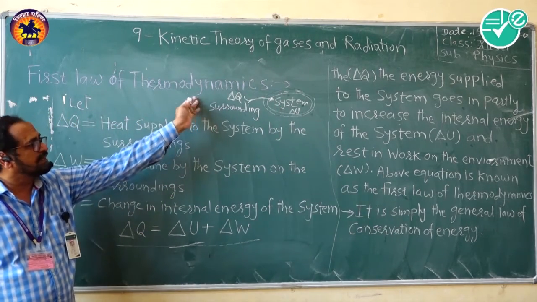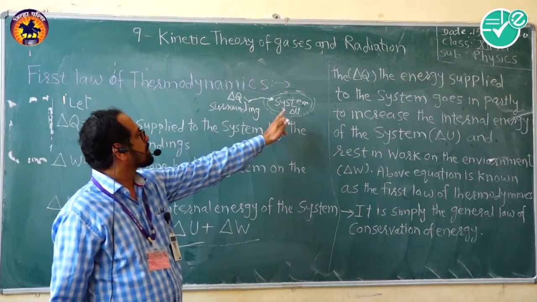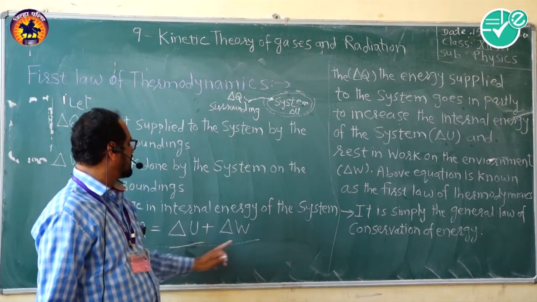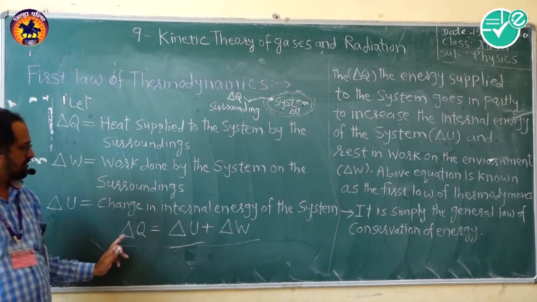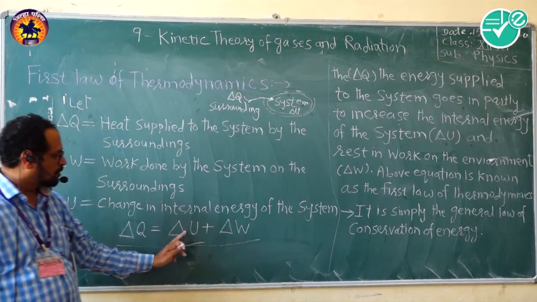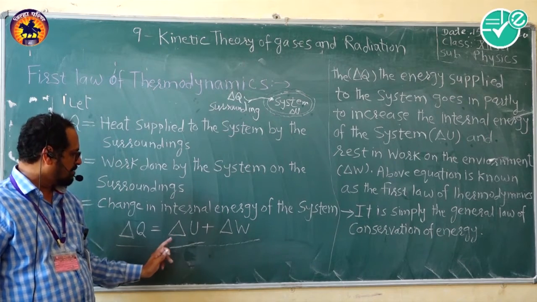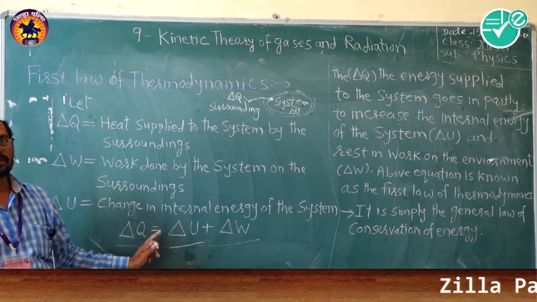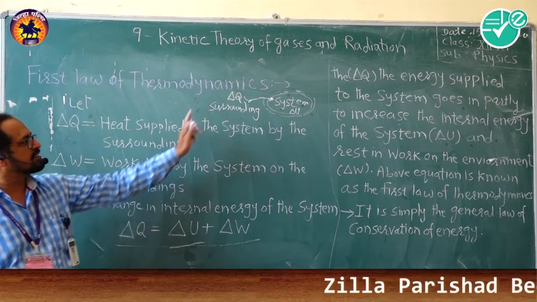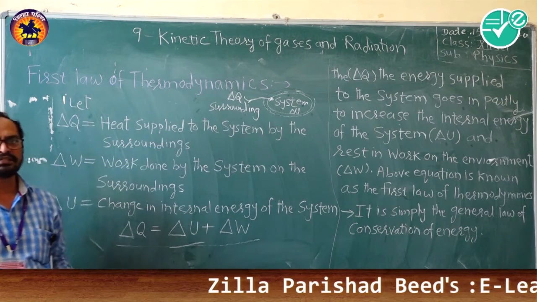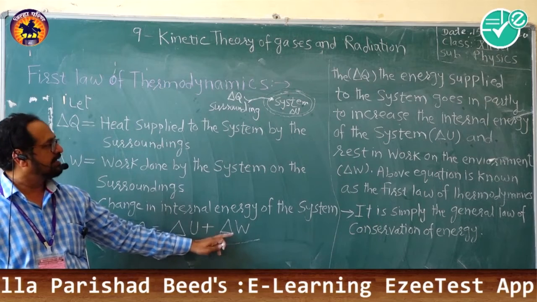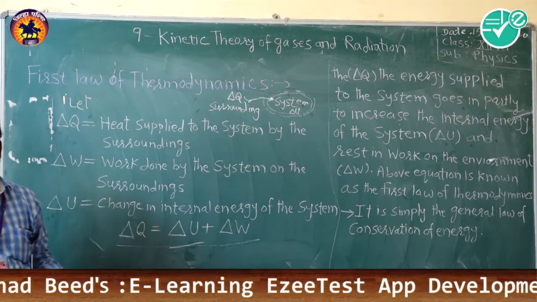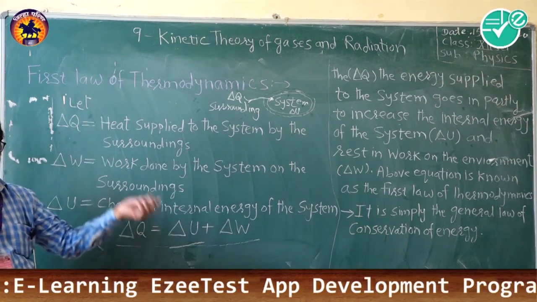So delta W is the work done, and this amount of energy will be divided into two parts. Some part of the energy is used to increase the internal energy of the system, and dW is the work done by the system on the surrounding.